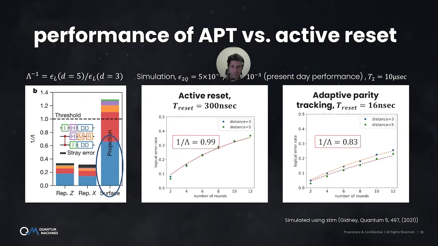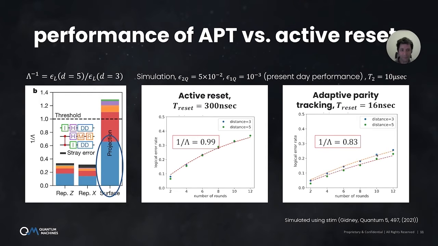What we've done is we performed simulations using Stim of this model, and we used the same gate errors as in the Google experiment. We got a slightly different result, which of course could be an artifact of the simulation, where in our case, we found that 1 over lambda is 0.99, very, very close to the threshold, with a 300 nanosecond reset time.